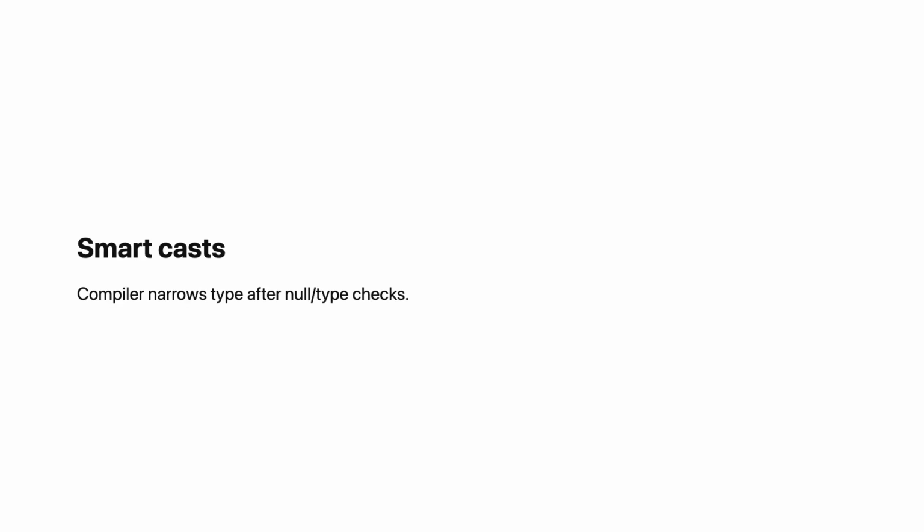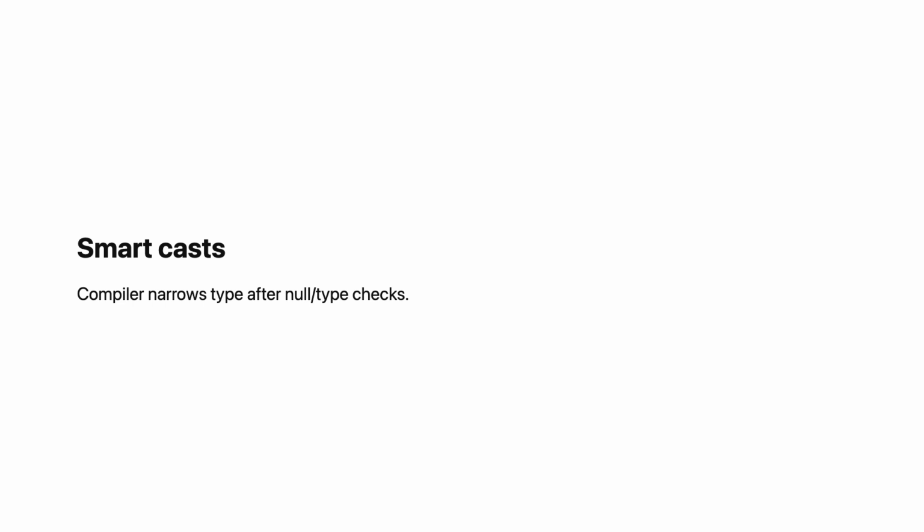When you check a condition, Kotlin remembers. If name != null, then inside the block, name is treated as non-nullable. No need for a safe call. This is a smart cast. The compiler sees the null check and narrows the type. Smart casts work with type checks too.